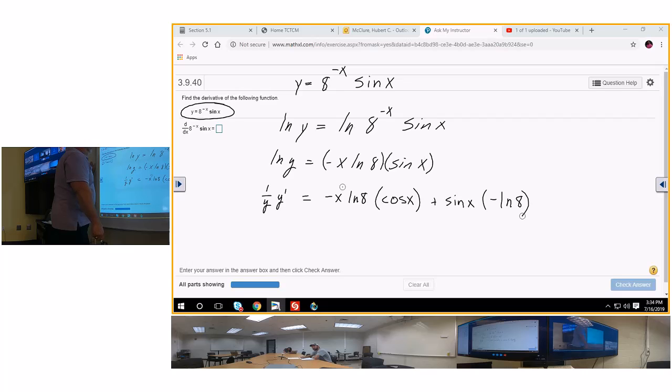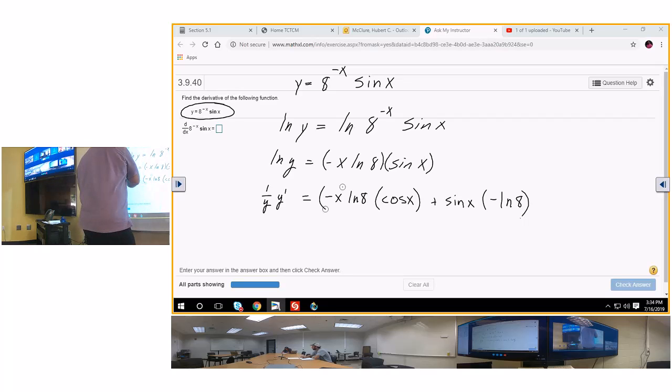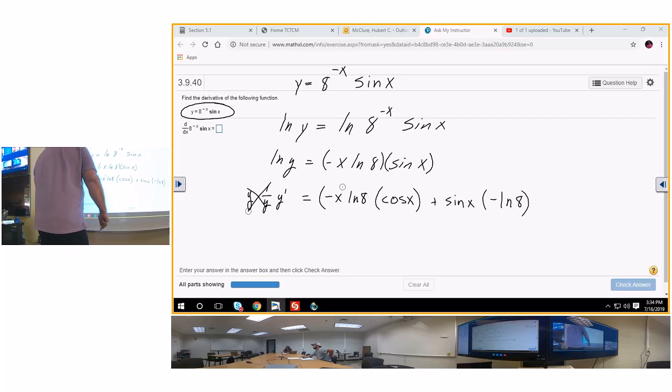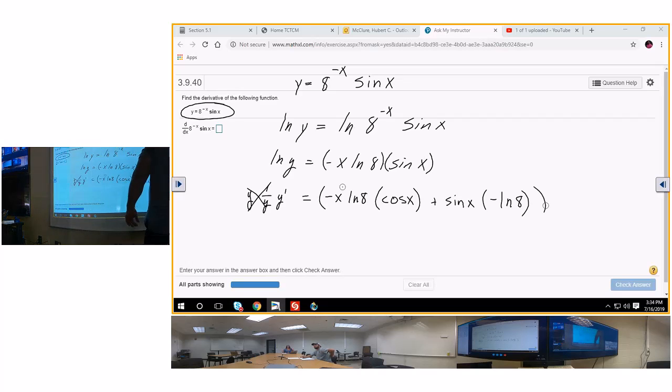You might be able to factor out a natural log of 8. You could factor out a negative natural log of 8. But let's go ahead and multiply by that. So I'm going to multiply by y. And I'm going to multiply this by y.